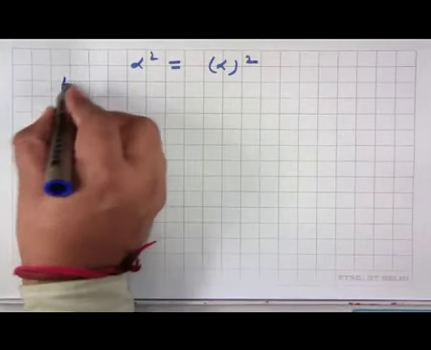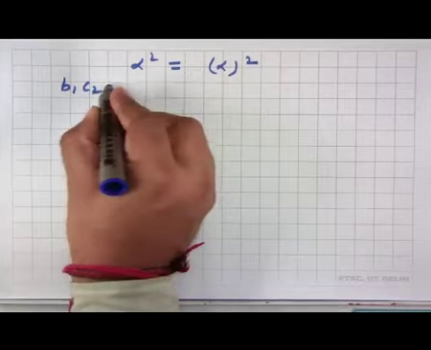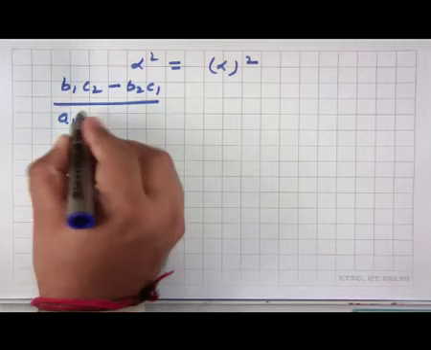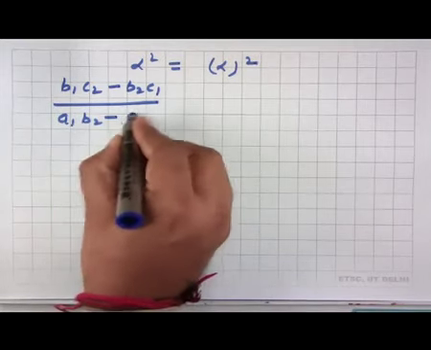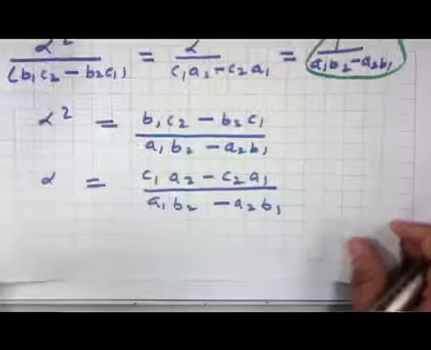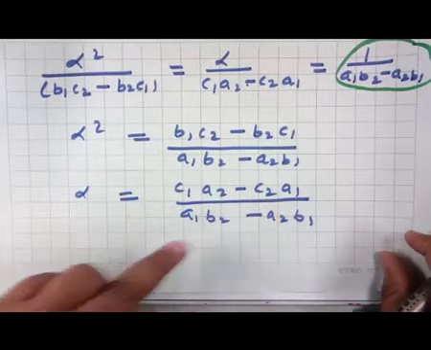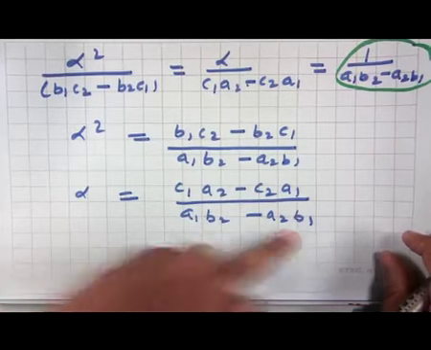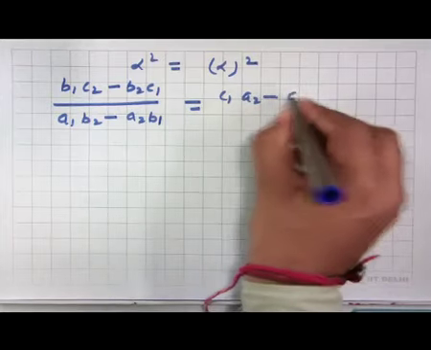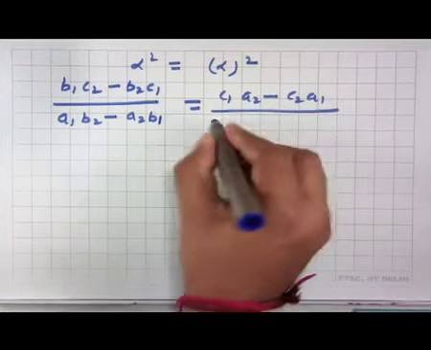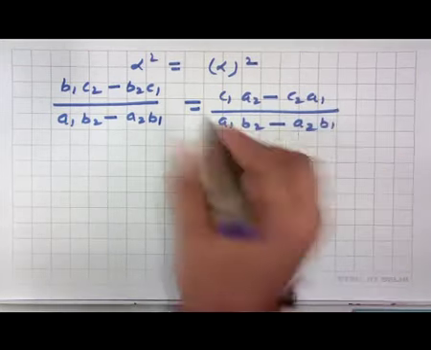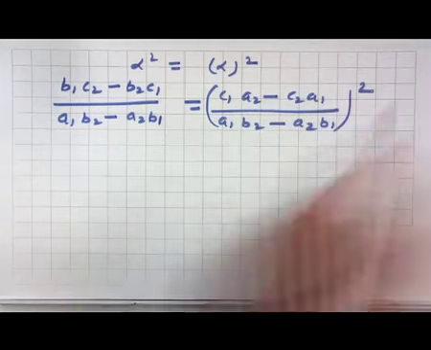Now the value of alpha is c1 a2 minus c2 a1 over a1 b2 minus a2 b1, to the whole square.